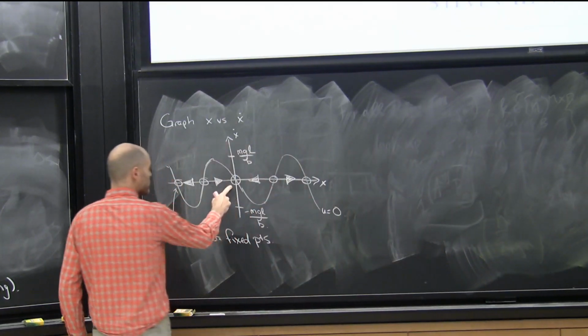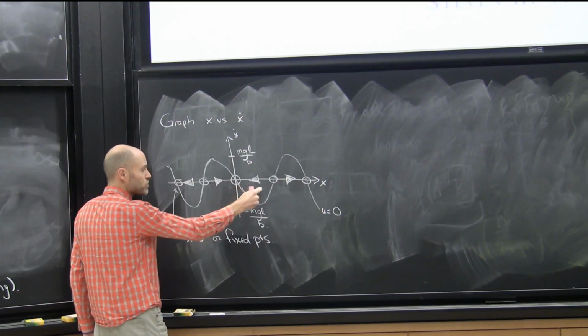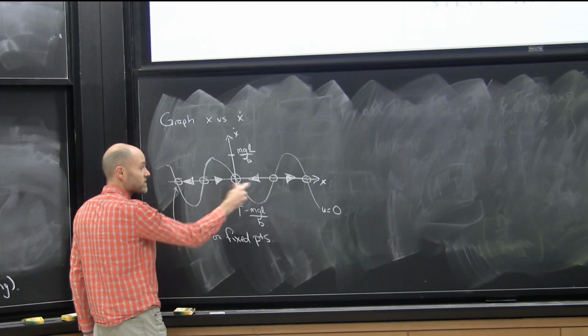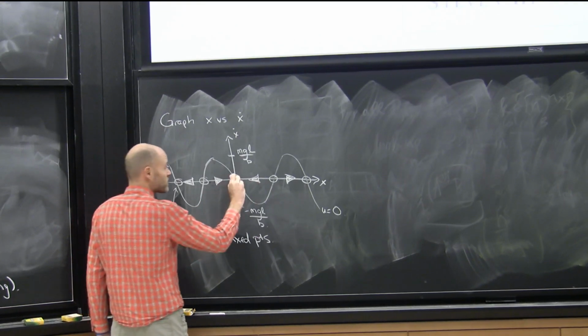this fixed point is special in the sense that trajectories that started, or states that started near it, will now evolve in time towards it, and this is a stable fixed point.